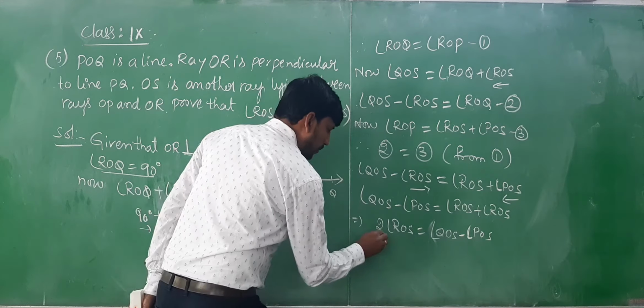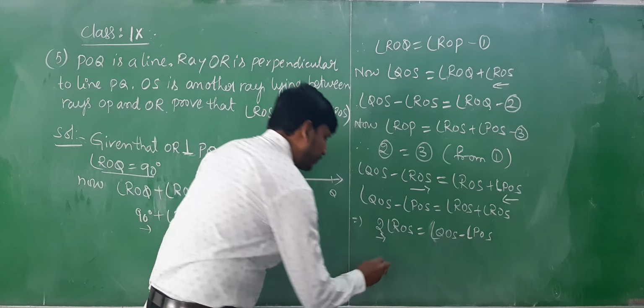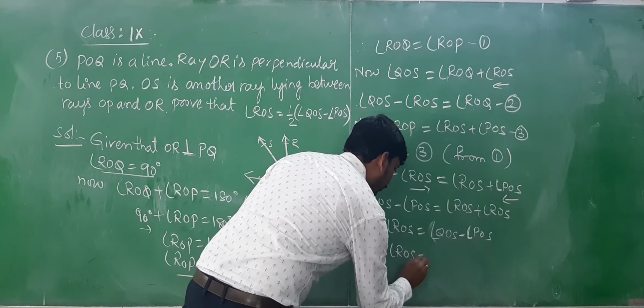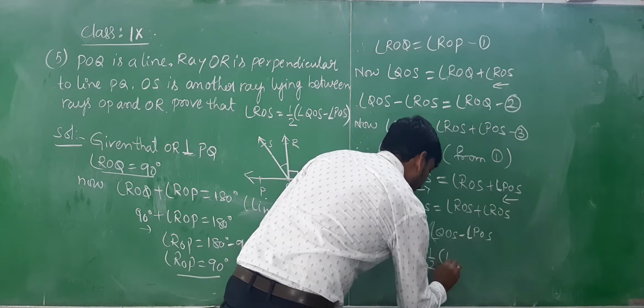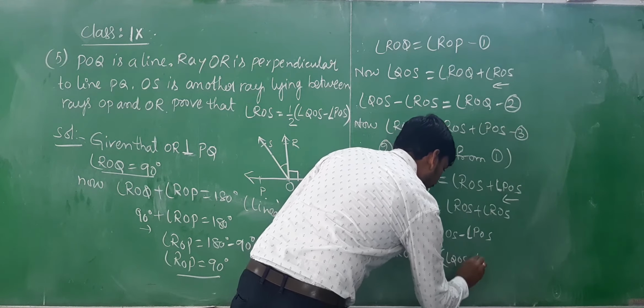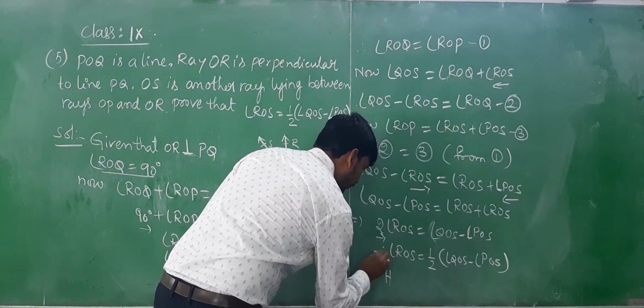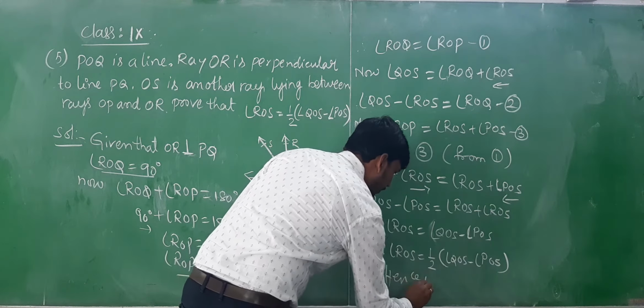Now just transfer this to the RHS. Then angle ROS is equal to 1 by 2 times angle QOS minus angle POS. Hence proved.